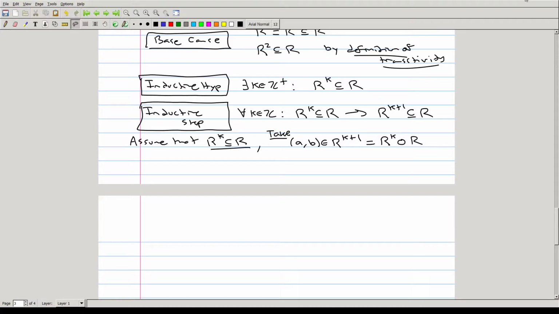So we take this (a, b) in R to the k plus 1, and by the definition of composition that we talked about before, there exists some element x in A such that (a, x) is an element of R, and (x, b) is an element of R to the k.